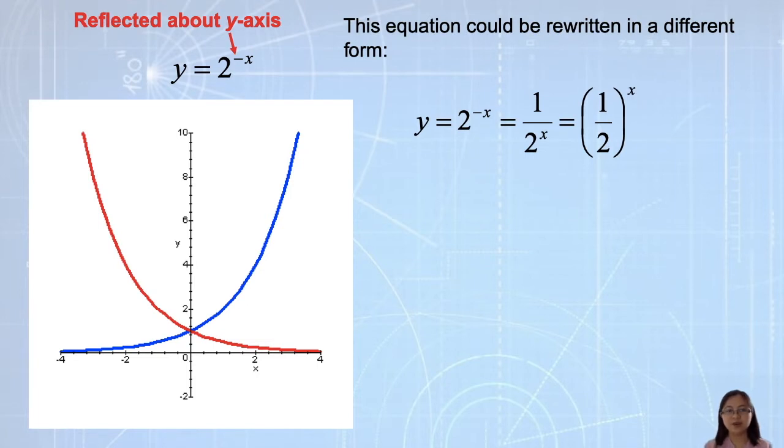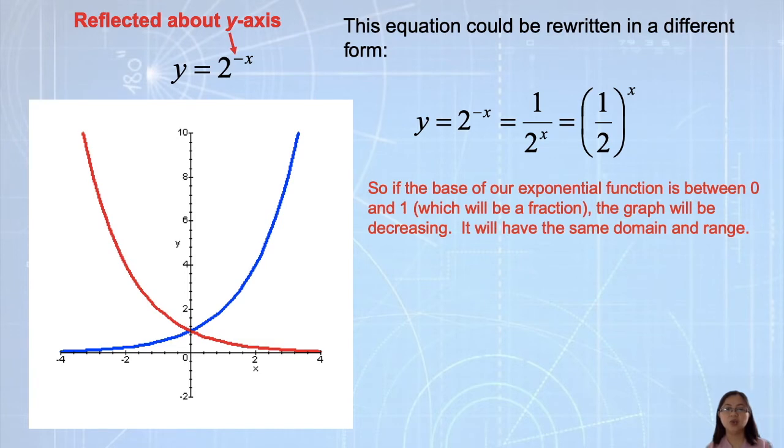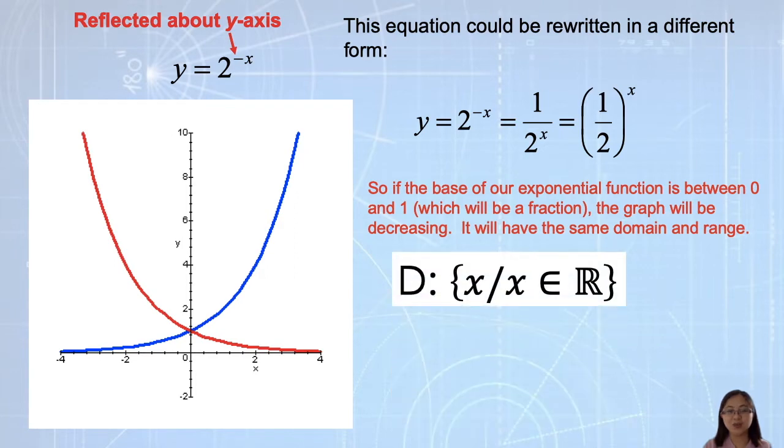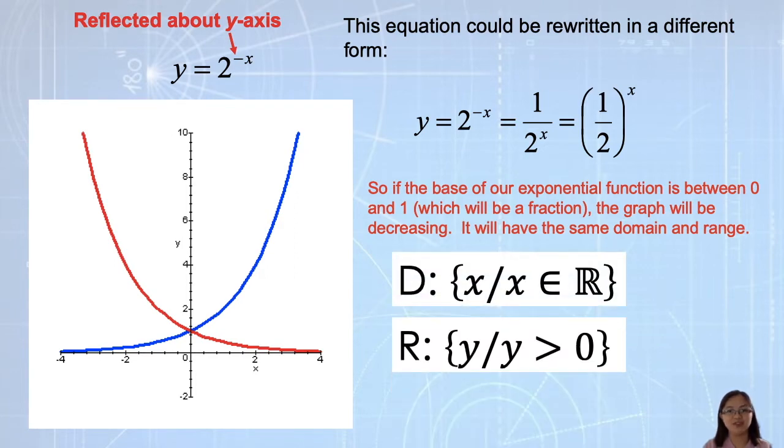Therefore, we could conclude that when the base of an exponential function is positive but between 0 and 1, or what we call a proper fraction, the graph will be decreasing. But still, the domain and the range would be the same as the parent function.